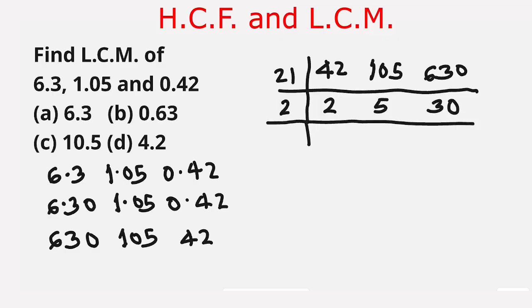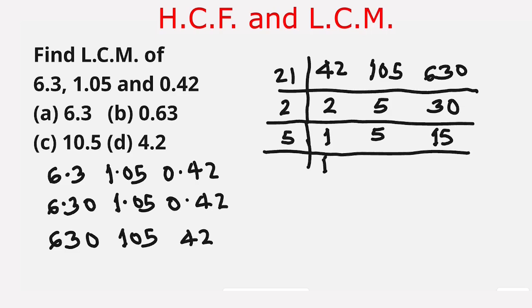In numbers 2, 5 and 30, we can take common 2 from 2 and 30, dividing these numbers by 2. 2 divides 2 for 1 time. We carry 5 as it is not divisible by 2, and 2 divides 30 for 15 times. Now we divide the numbers by 5.